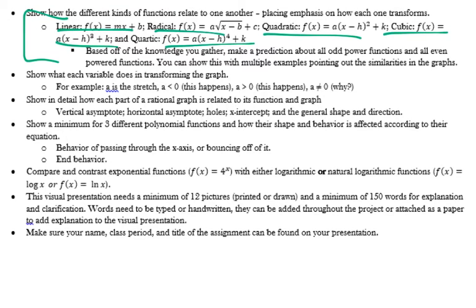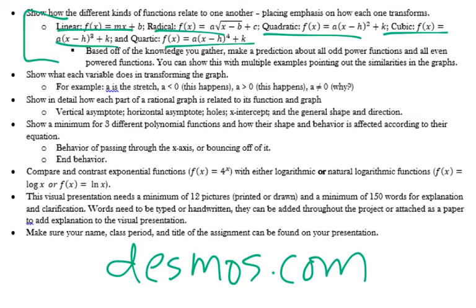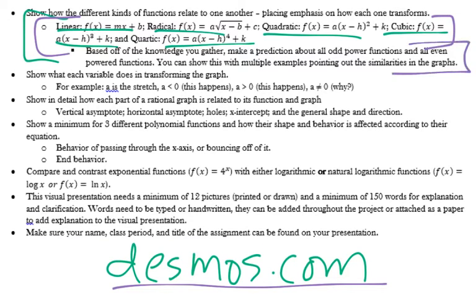To help you out with all of this, you want to go to desmos.com and click on the calculator, and this is really going to help you out, and I'll show you some ways that you can compare all of these and take a look at them as you're talking about all this information.